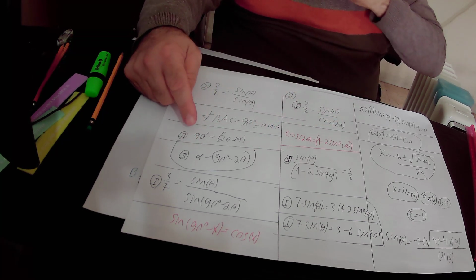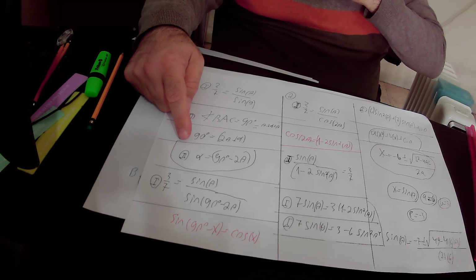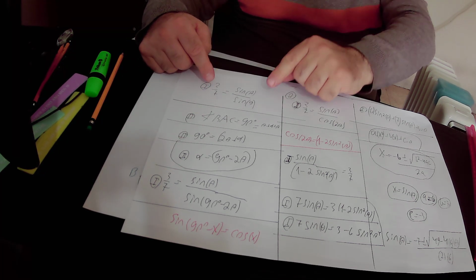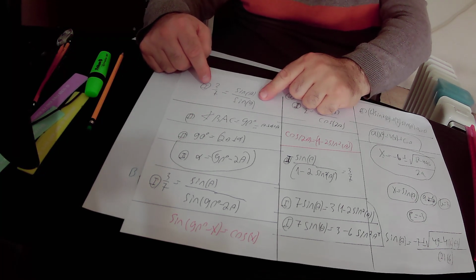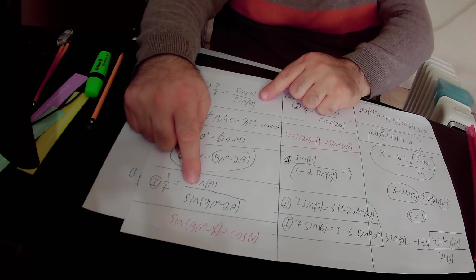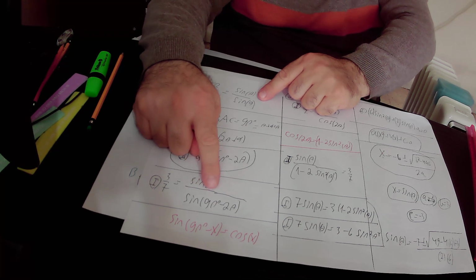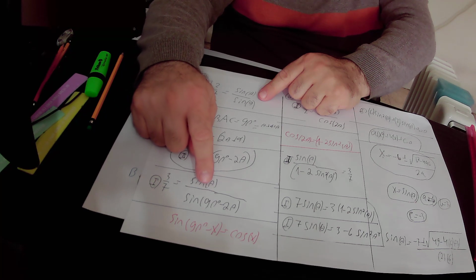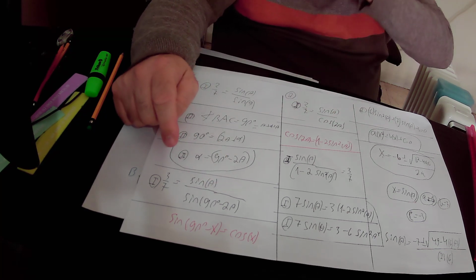After we found out the value of alpha, in equation number 2, we can put the value of alpha inside equation number 1. Okay, we did it and we got that 3 over 7 equals sine theta over sine alpha, but alpha equals 90 degrees minus 2 theta according to equation number 2. So we substituted alpha by 90 degrees minus 2 theta.